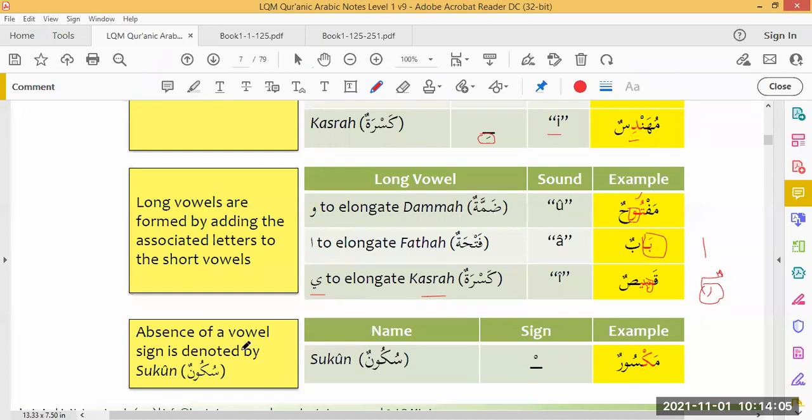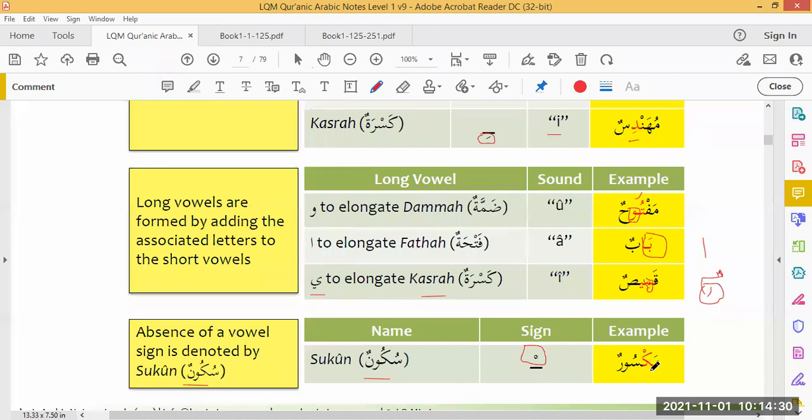Absence of a vowel sign is denoted by a sukoon. We call it jazm also. This is its sign. This kind of sign is sukoon, jazm, silent.